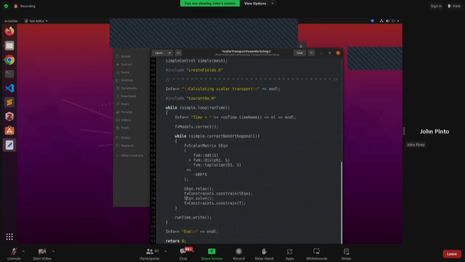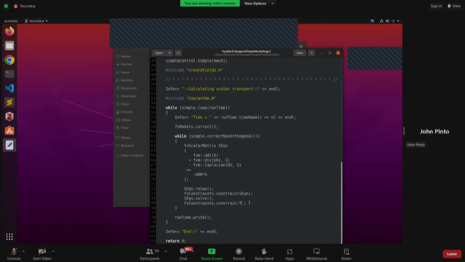It cannot be more than 100, it cannot be less than 30, unless I'm putting in some cold fluid from the inlet or something like that. Say if it is a closed domain and if these are my boundary conditions, then it cannot exceed. Then we can add some constraints. So if some constraints are specified, they take care of it.